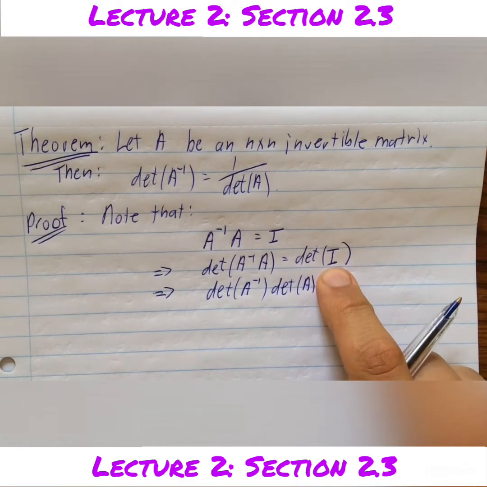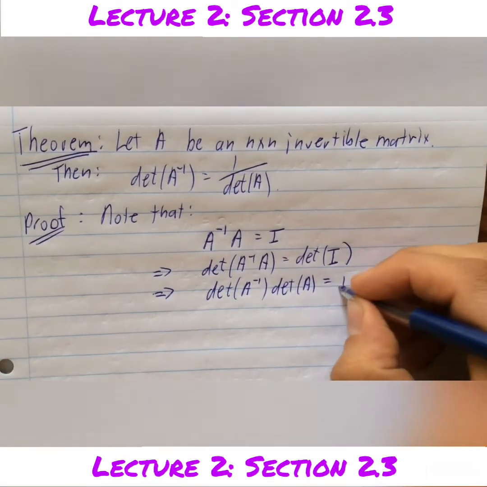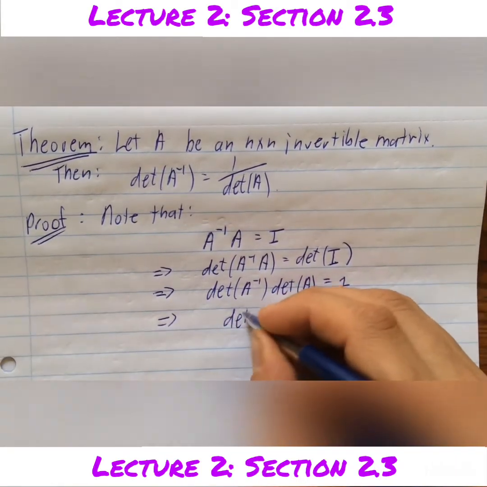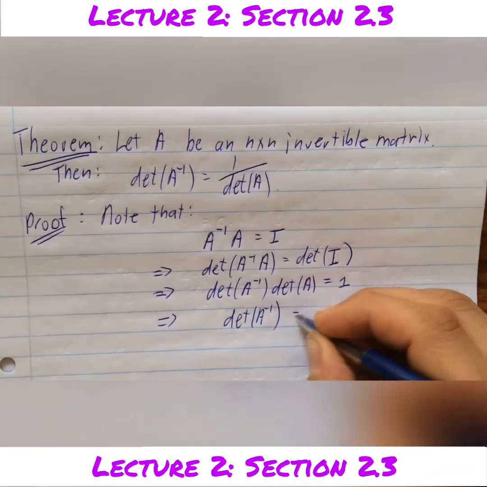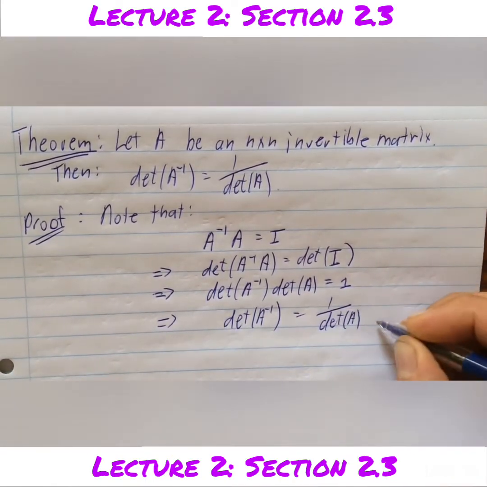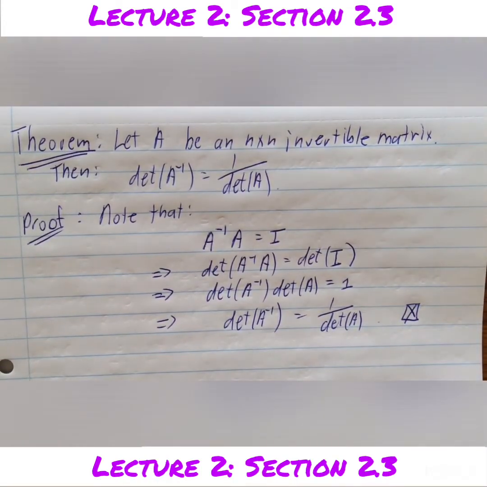An identity matrix is pretty much an upper triangular matrix, and we know the determinant is the product of the entries on the diagonal, which in this case is 1. And from there you can solve for the determinant of A's inverse as 1 over the determinant of A. Alright, so that is very straightforward.